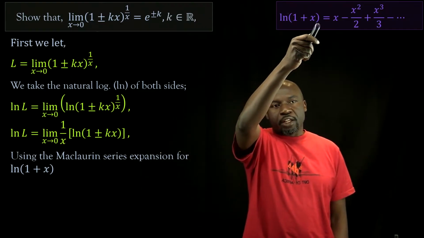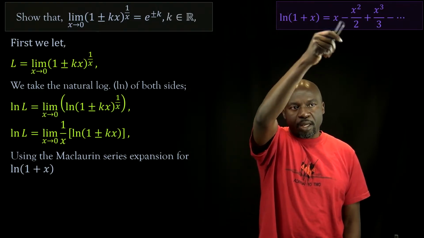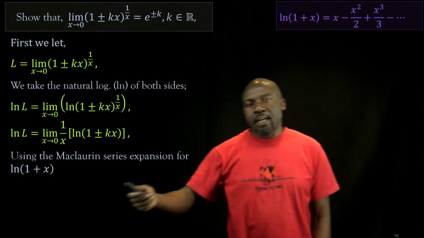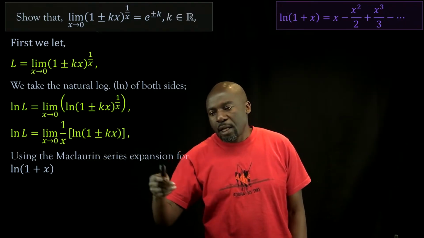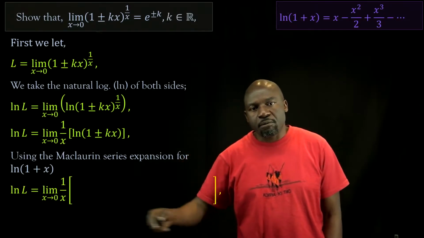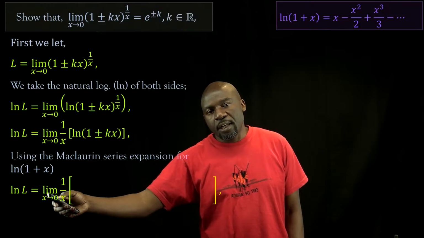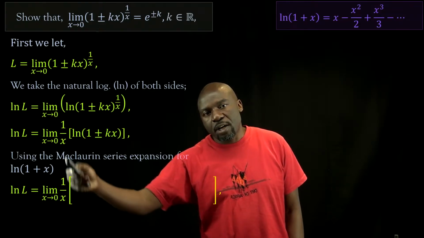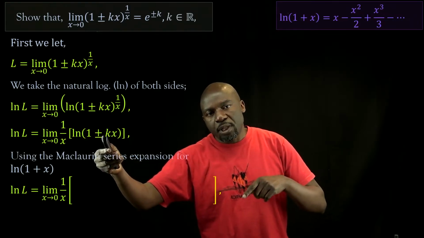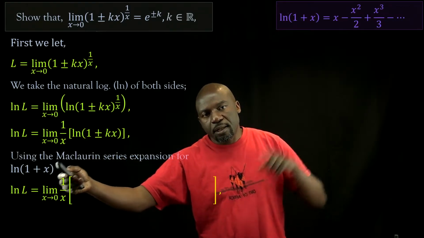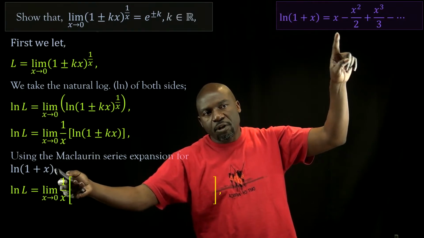So if we express ln of 1 plus x like that, this is a polynomial approximation, then the same thing can be done with this expression here, and let's see what we get. So if we write this, ln of L equals the limit as x tends to 0 of 1 over x, and now we're going to expand that, comparing what we are doing here with this. Now this is the expansion for this. So the first term there is going to be x.